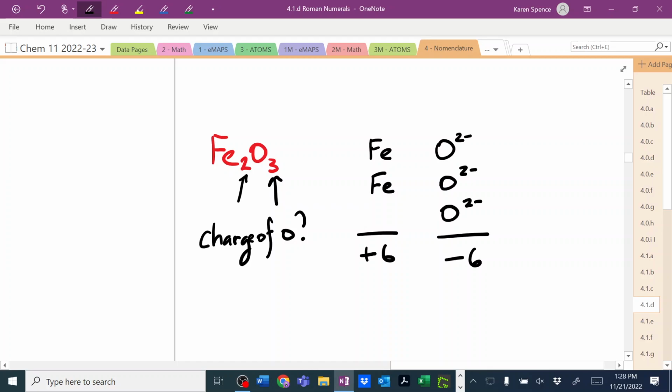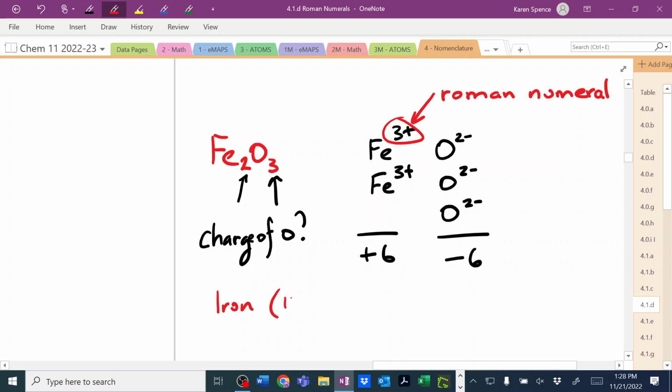And so what is the charge of each iron? 3 plus. And it is the charge of a single iron that is your Roman numeral. So this would then be iron, and our Roman numeral would be 1, 2, 3, oxide.